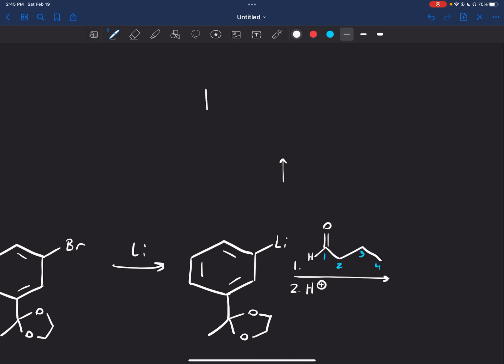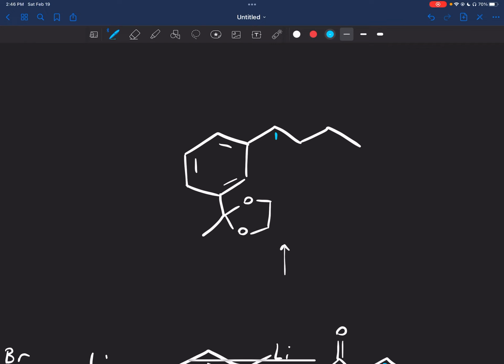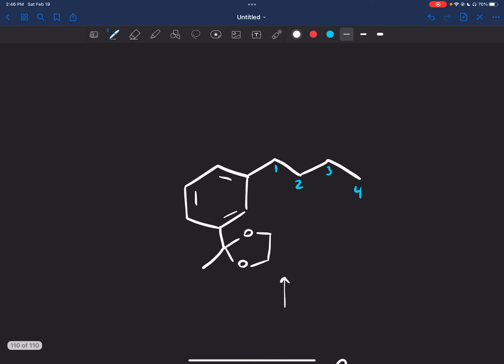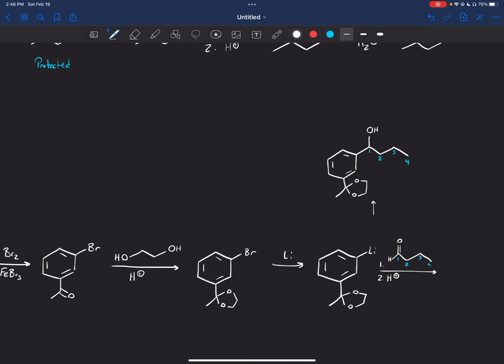And that is going to connect that carbon of the benzene with the lithium to that chain. But keep in mind that carbon with the carbonyl is now going to have an OH there, like this. Okay, we have this OH.